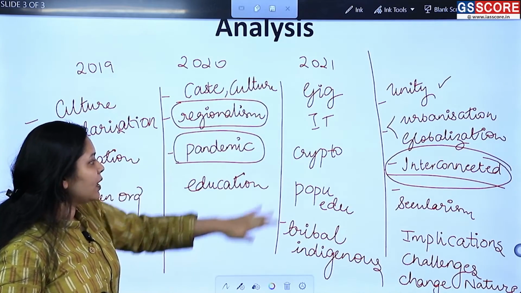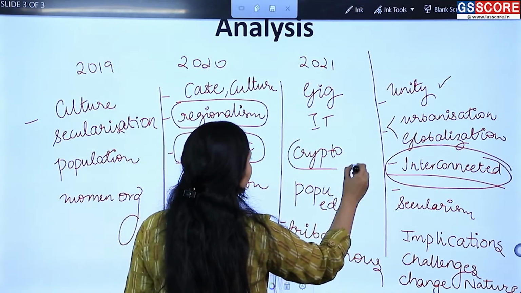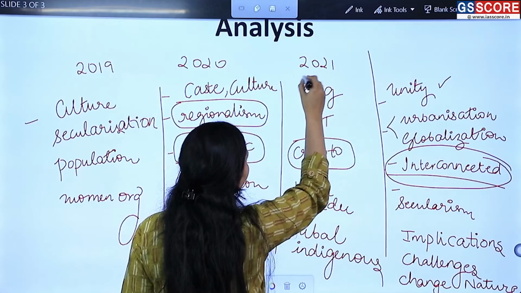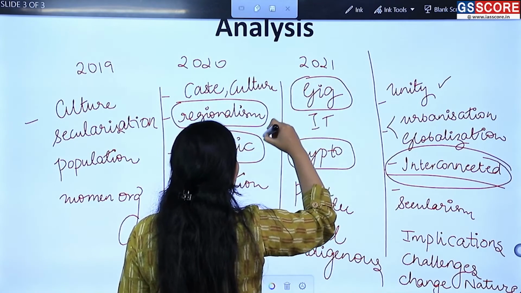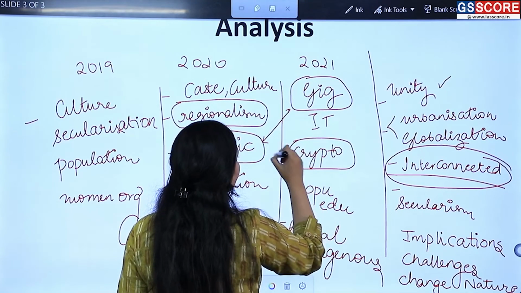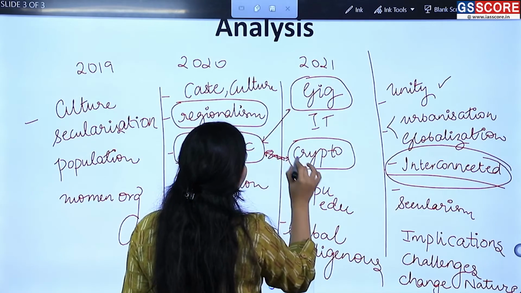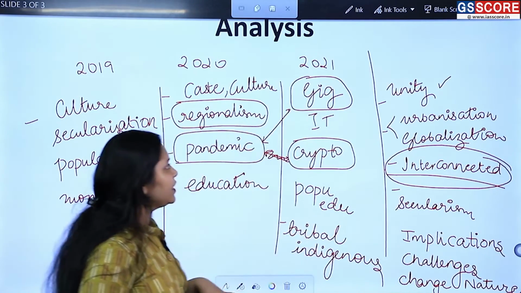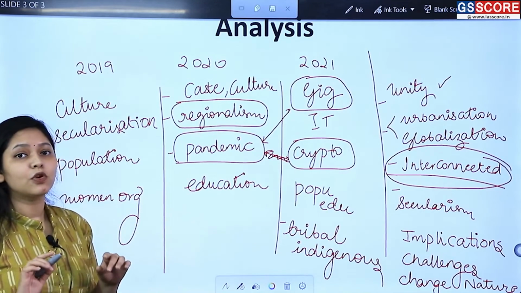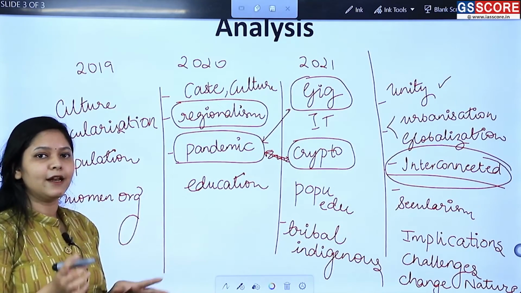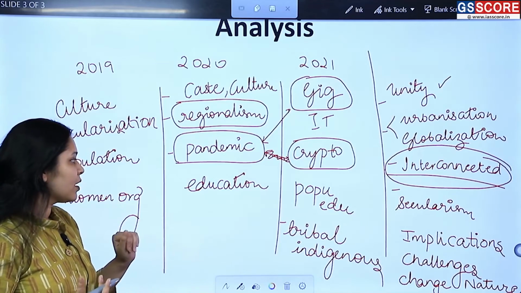Then in 2021, we see crypto is directly based on current affairs, and the gig economy also is closely linked to the pandemic. So you see there has been an interdependence of the units also, in terms of the components that are more dynamic in nature.